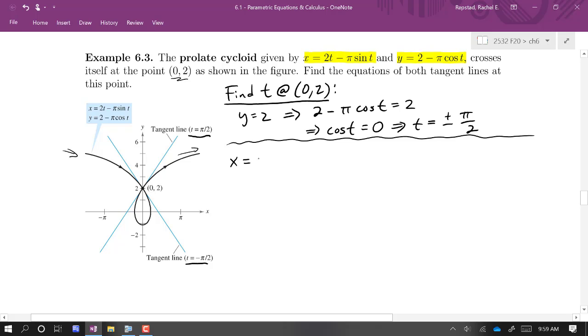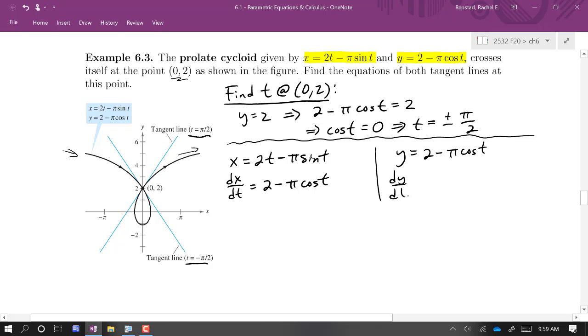Let's start with x. x is 2t minus pi sine of t, so dx/dt is 2 minus pi cosine t. Our y function is 2 minus pi cosine t, and so dy/dt is a positive pi sine t.